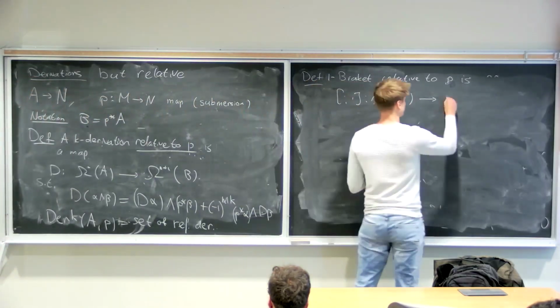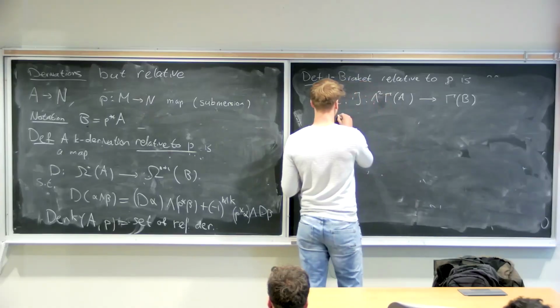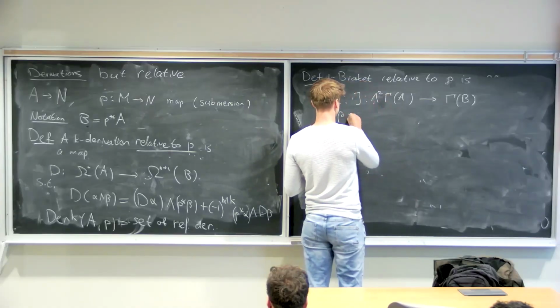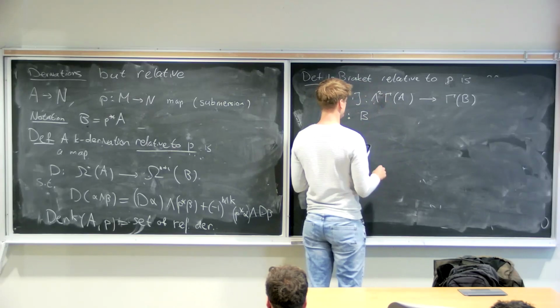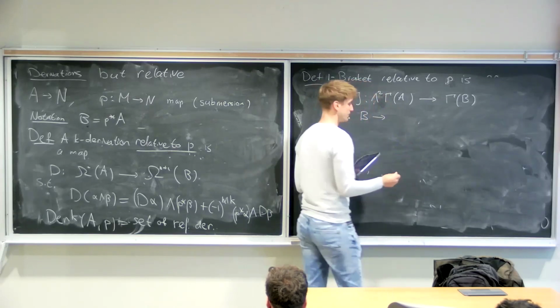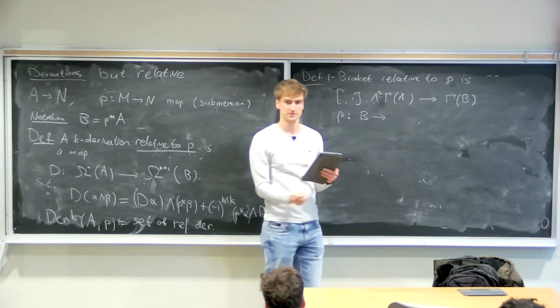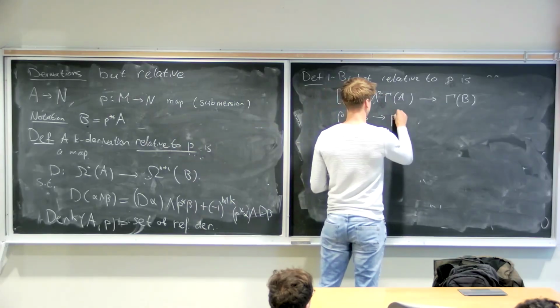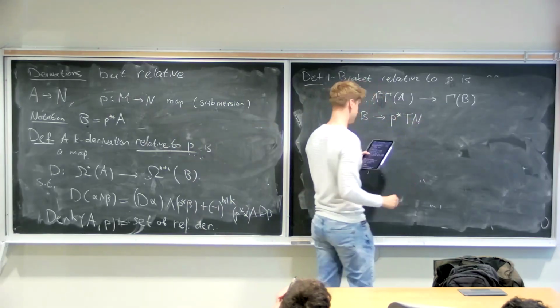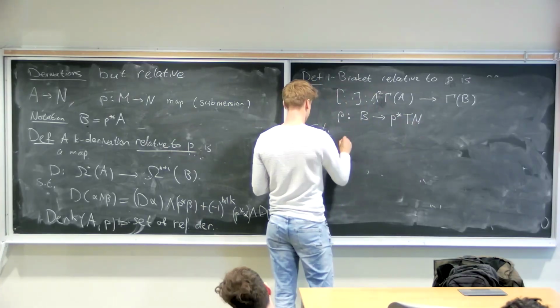So you get a section of B, plus an anchor that goes from the pullback and only allows us to differentiate in the directions of the base coordinates. So it goes to P star of Tn, such that the Leibniz rule is satisfied.